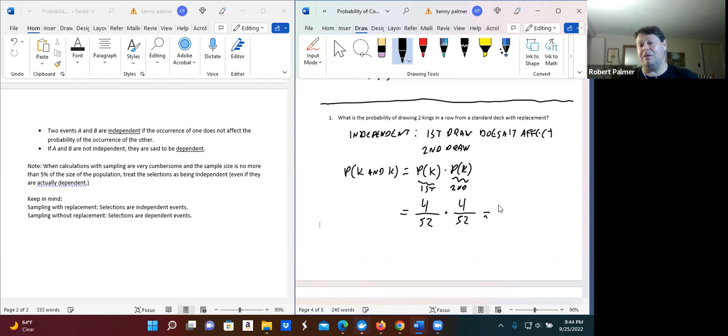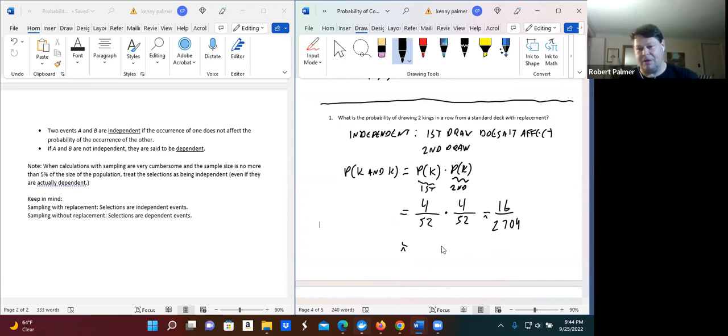So what I have here then is going to be 4 times 4, multiply across fractions, 4 times 4 is 16, over 52 times 52, which is 2,704. And then if we approximate that, it's going to be a fairly small number.